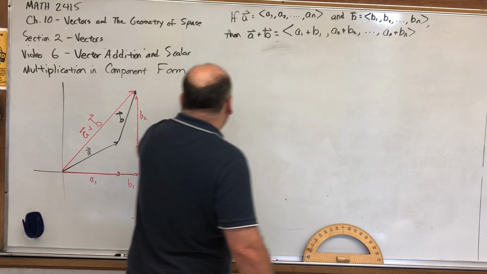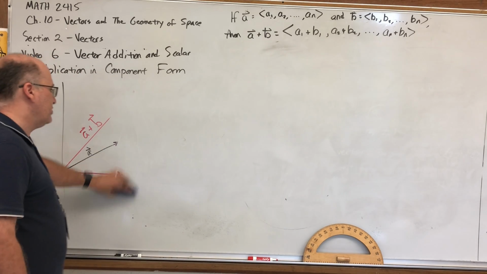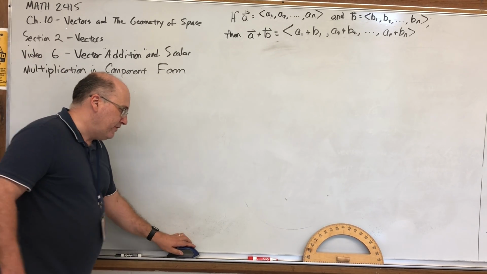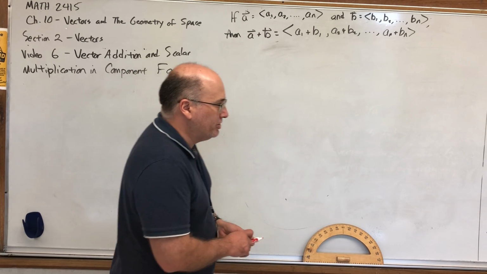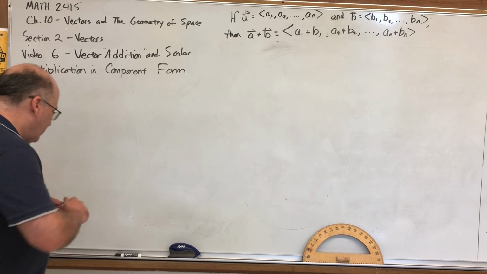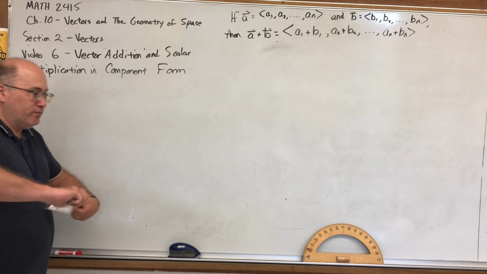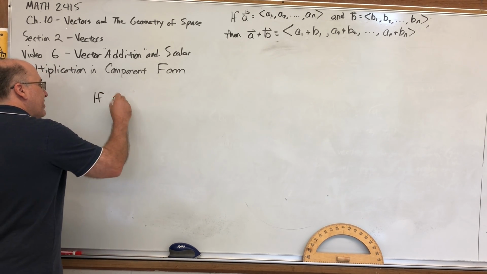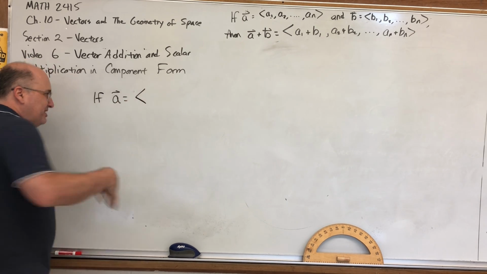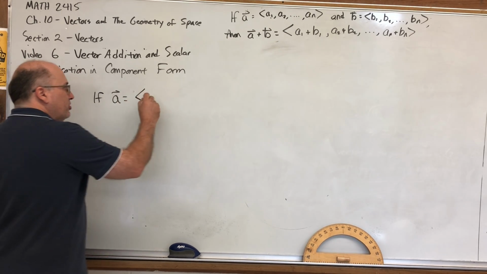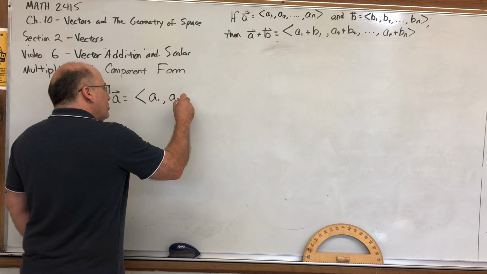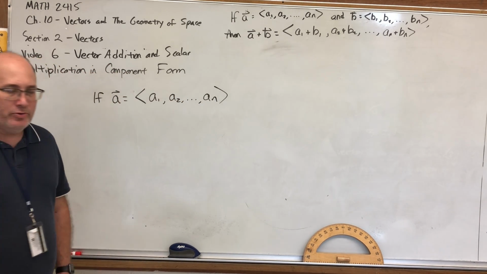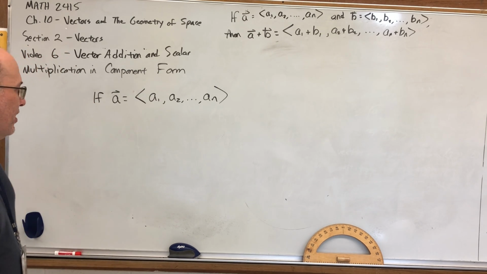Now, we've already mentioned scalar multiplication in the previous video, when I said that I had rearranged the videos to talk about unit vectors a little bit early, because we hadn't talked about scalar multiplication yet. But without much brouhaha, if vector A is equal to, and let's take this to any number of dimensions, A1, A2, through An. Now we'll only be dealing with 2 and 3 dimensions, but the idea extends beyond that.